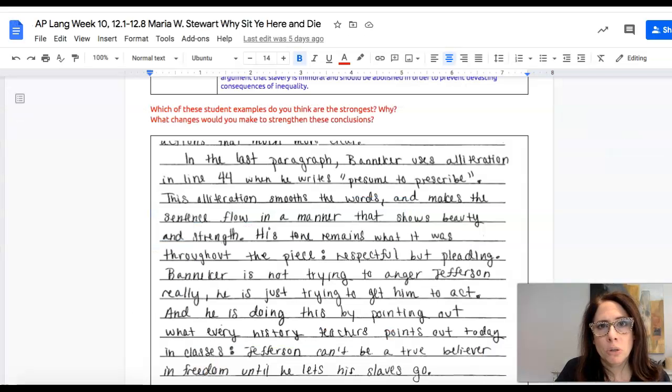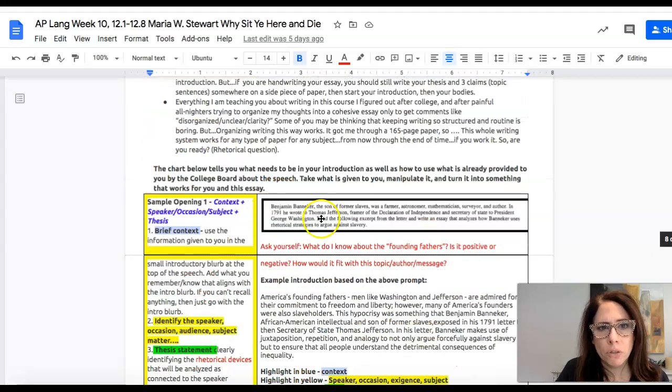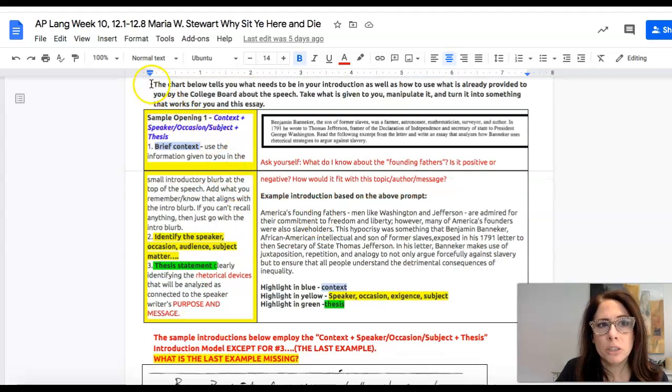So let me just show you what I mean. I really encourage you to go back to the assignment sheet and take a look at the bottom for introductions. It's a brief context, but about the time period or the event in that blurb that is provided at the top of the essay.